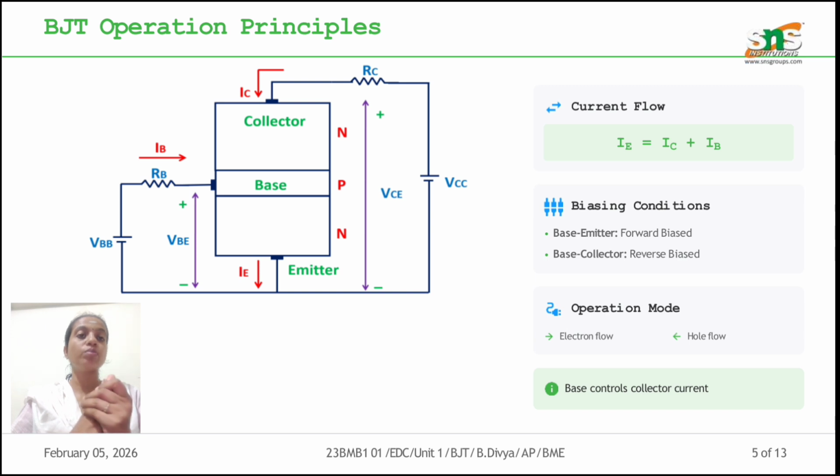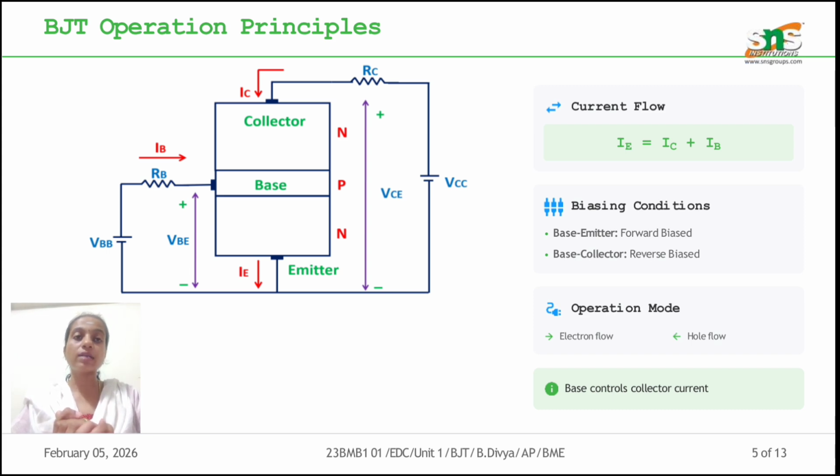We have two biasing conditions: the base-emitter junction is made forward biased, and the base-collector junction is made reverse biased.